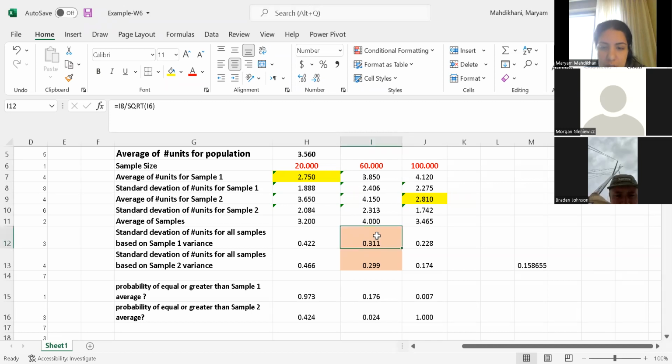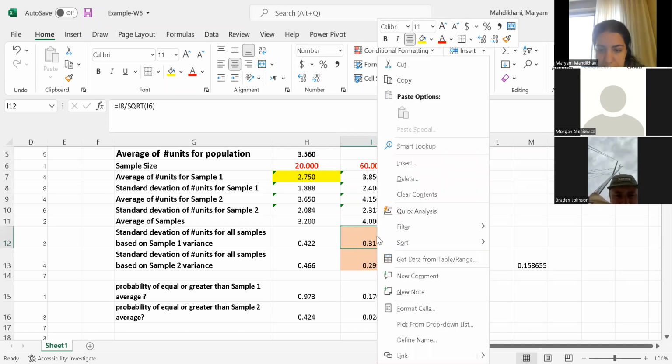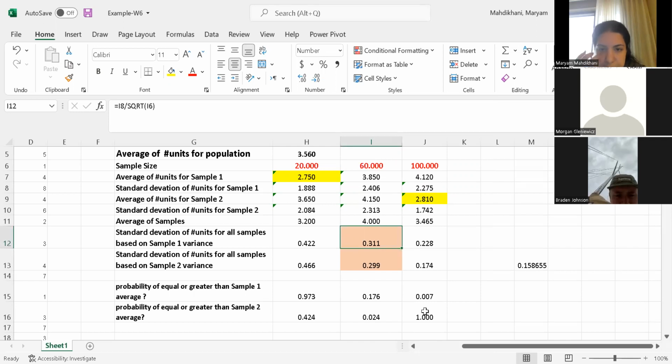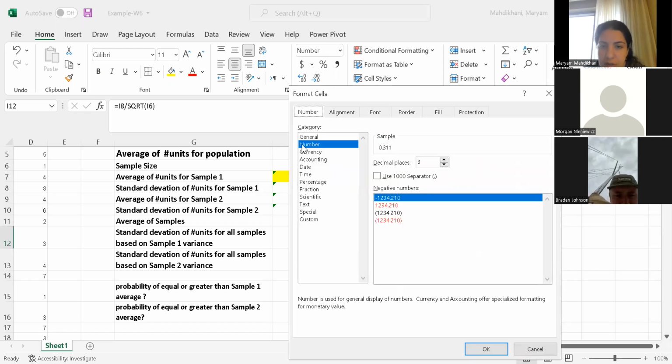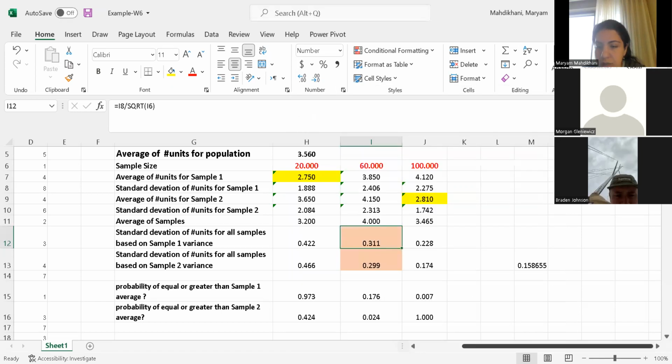So if you get 0 here, that means your number is just for 1 decimal. So I right click on that, format cells, and then here on number, choose 3 decimals, and then OK. And then it shows 3 decimals for that, not just 0. Did the problem solve? Let me know if your problem solved.